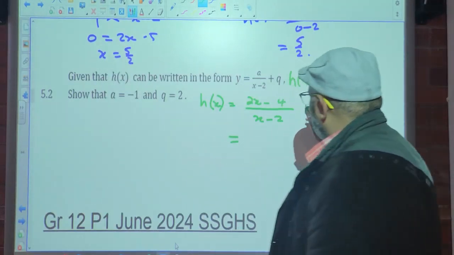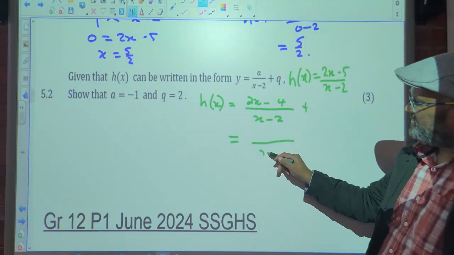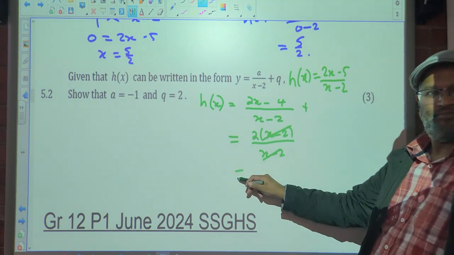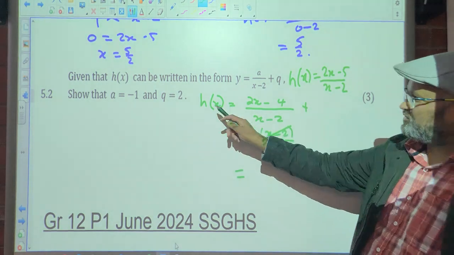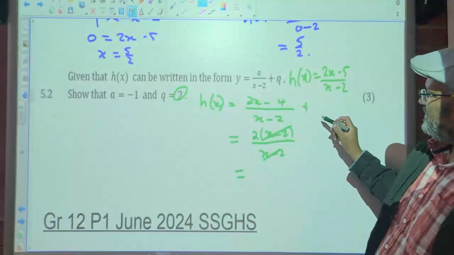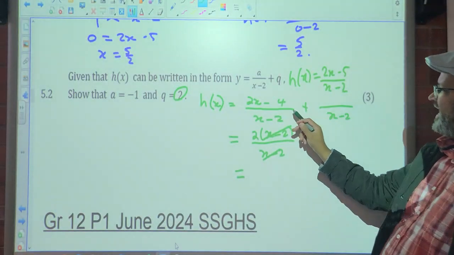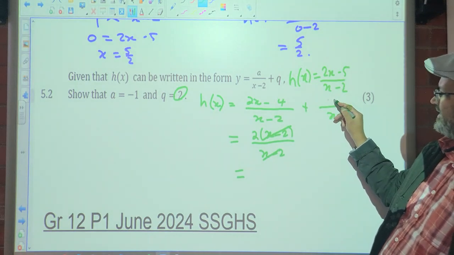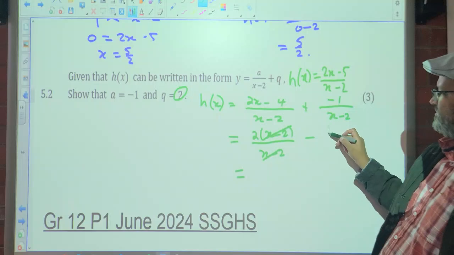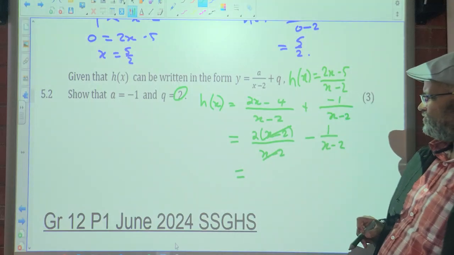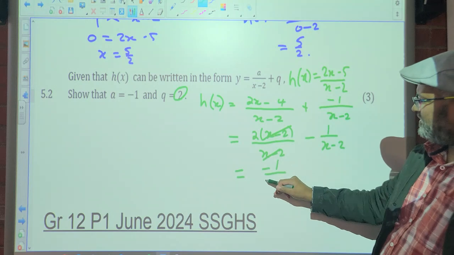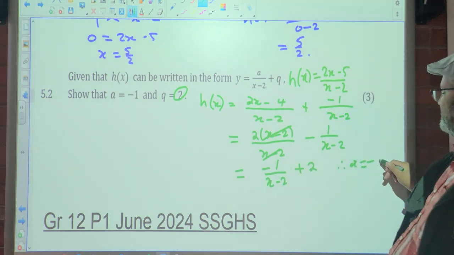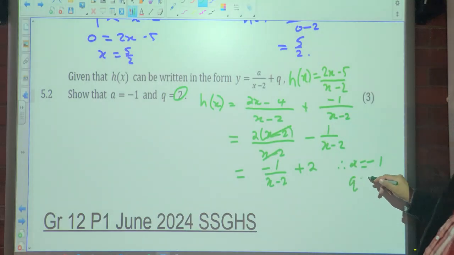Because if I take this a step further, this should be 2 into (x - 2). Can you see that will cancel? You see it? That cancels, which gives you that 2 that they're looking for. So we then say plus. So what must be added to make this equivalent? -1. So it's -1 over (x - 2). So what's the equation? -1 over (x - 2) + 2. So therefore a is -1 and q is 2.